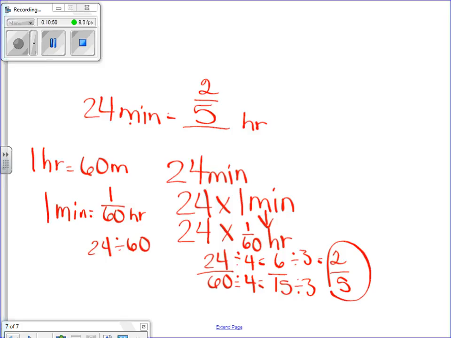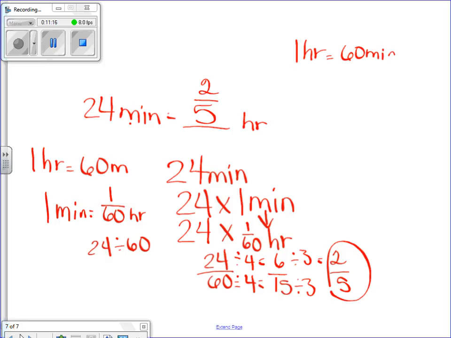Okay, so I know that in 1 hour, I get 60 minutes. Okay? But if I have to reverse it, if you look at that chart, if I go from a small unit to a big unit, you have to divide.